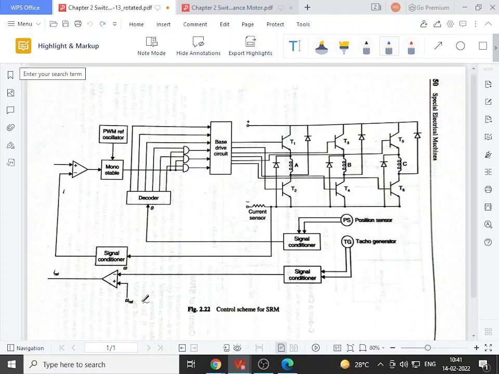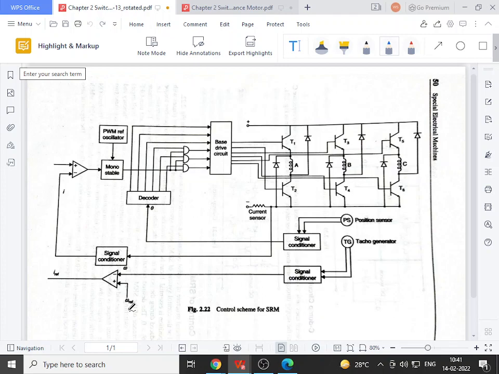There is always a comparison between omega and omega reference, and according to the preset conditions we provide, there are three possible preset conditions for the comparator.